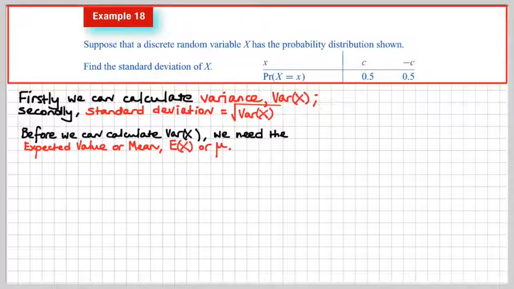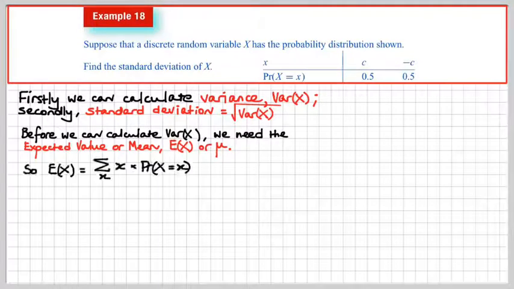Before we can calculate the variance of x, we need the expected value or mean of x, because it was the expected value of (x minus mu) all squared. So we've got to get mu first before we can do anything. That's first cab off the rank.